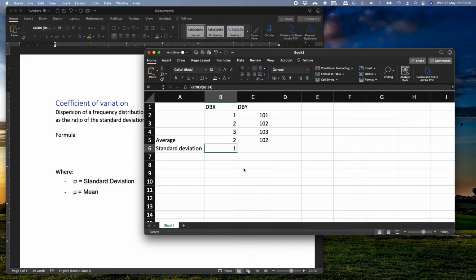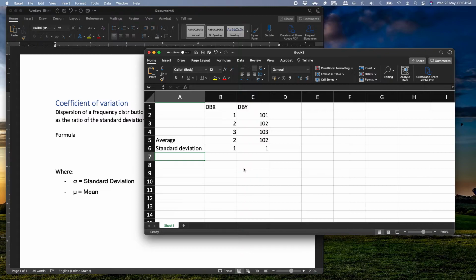The standard deviation is 1, and the standard deviation over here is also 1, which is kind of crazy, right? The average is completely different, but the standard deviation between these two is 1, because the separation between 1 and 2 is 1, the separation between 2 and 3 is 1, the separation between 101 and 102 is 1, and the separation between 102 and 103 is also 1. So, as you can see here, the standard deviation is 1.